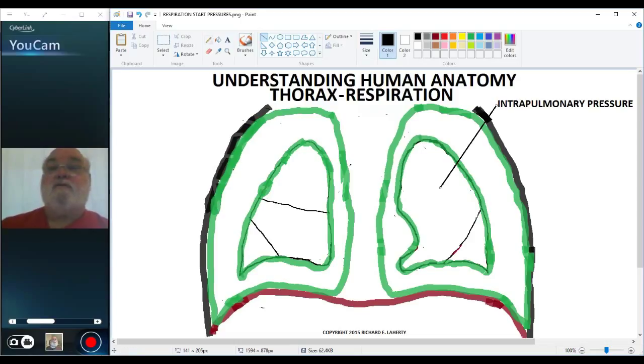At least at the beginning of inspiration and at the beginning of expiration, intrapulmonary pressure is equal to atmospheric pressure. It's equal to the ambient pressure surrounding the body.